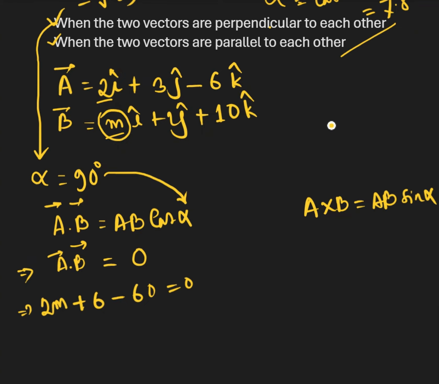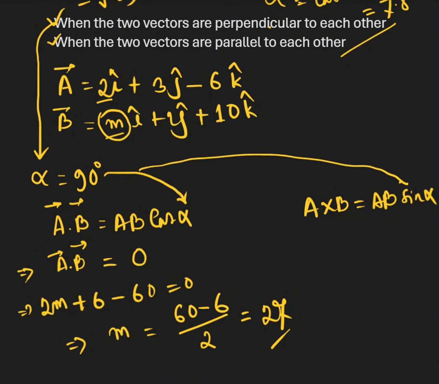That's why we have these three terms. So here we can write the value of m is equal to 60 minus 6 over 2, so it will be 27, right?